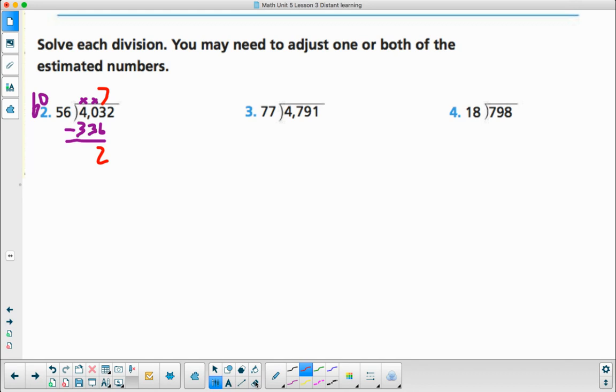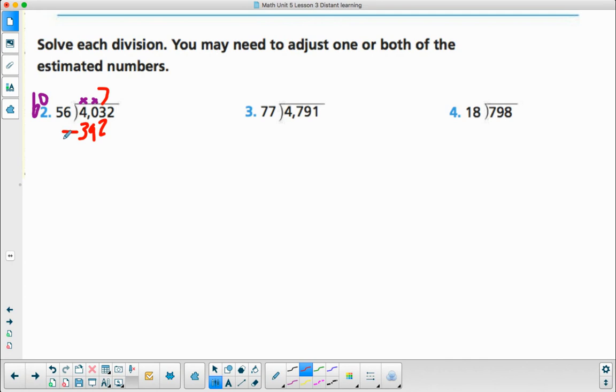I'm sorry, I erased the wrong thing there, didn't I? I forgot to erase all that. 7 multiplied by 6 was 42. 7 multiplied by 5 is 35, plus the 4 is 39.